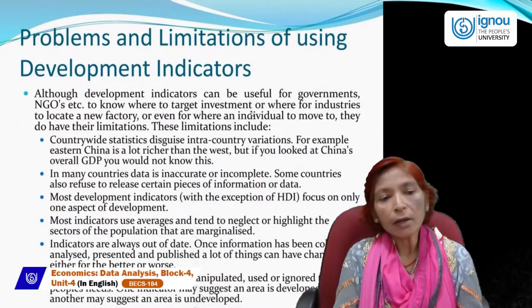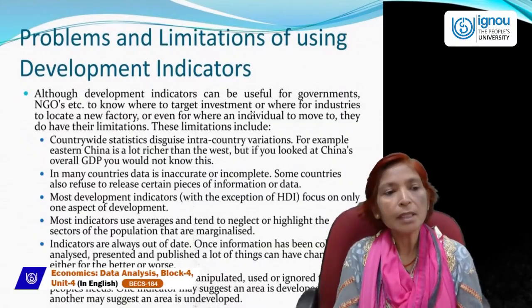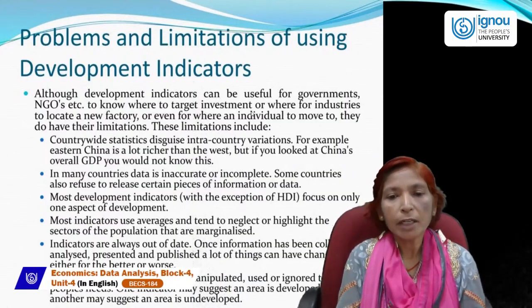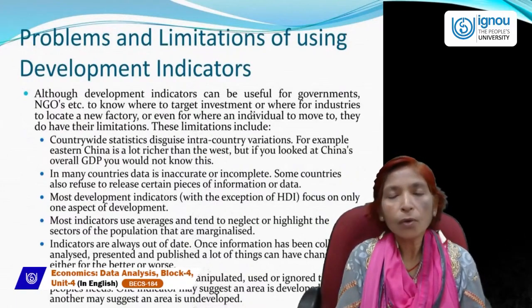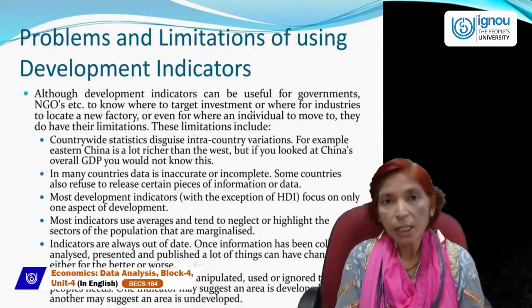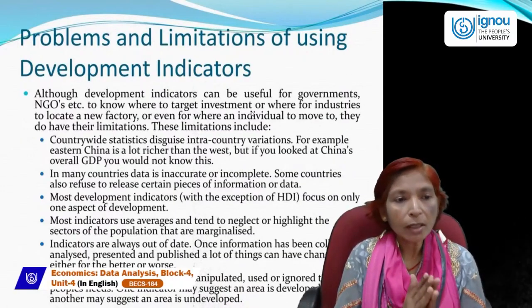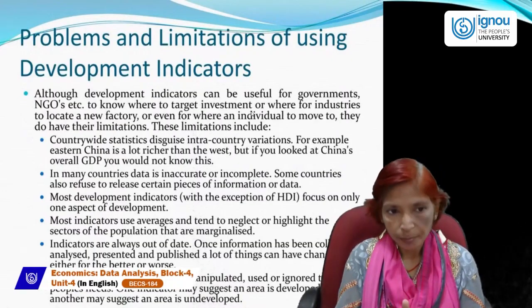Country-wide statistics disguise intra-country variations. For example, Eastern China is a lot richer than the West, but if you looked at China's overall GDP, you would not know this. The total GDP of China will not tell us about variation within the country.